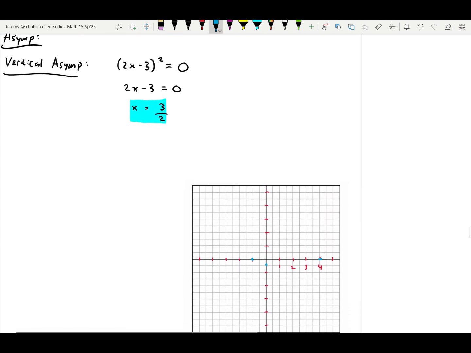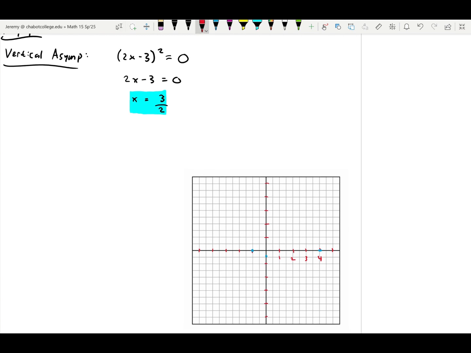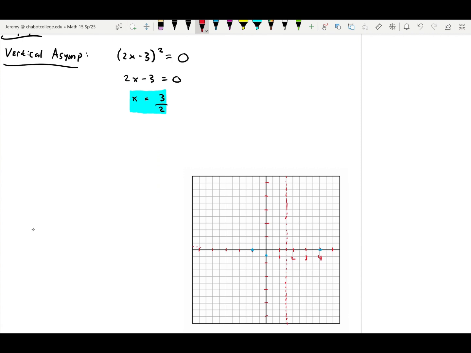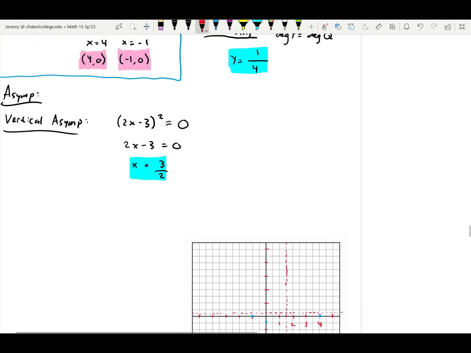So for the vertical asymptote, I just have the one at 3/2. So that's 1.5. So I'll put a dotted line there. And let's also do our horizontal asymptote. That was at 1/4. Since each little square there represents a half of a unit, I put 1/4 just right there.